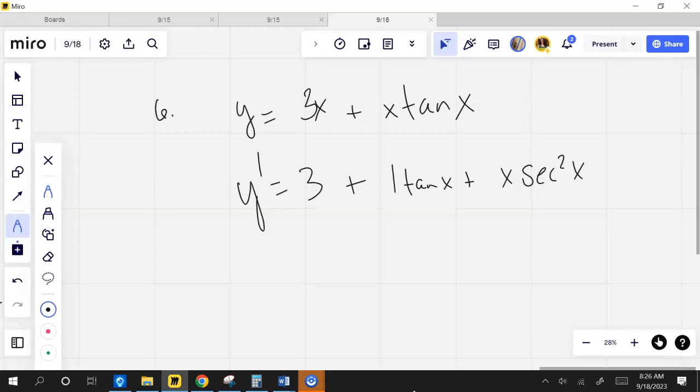You'll remember it whether you want to or not. Because it's x times tangent x, isn't it? Derivative of the first times the second plus the first times derivative of the second.